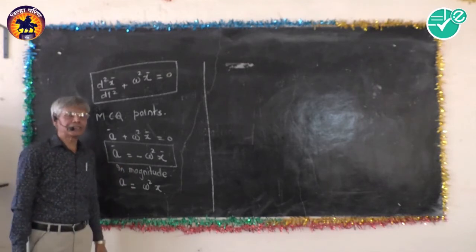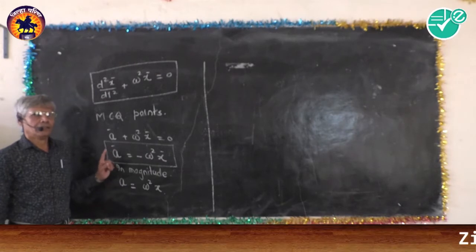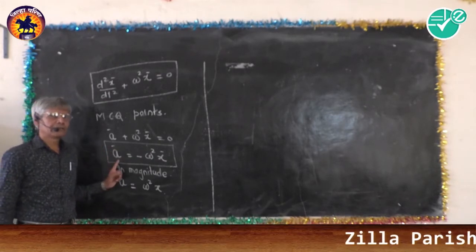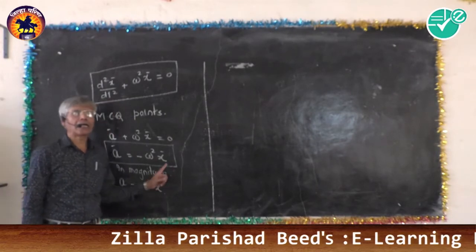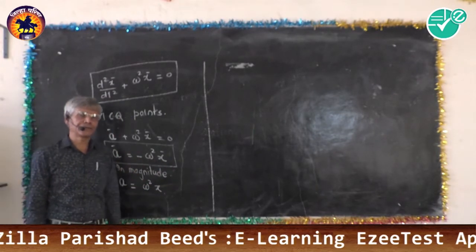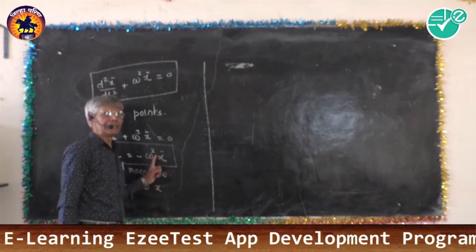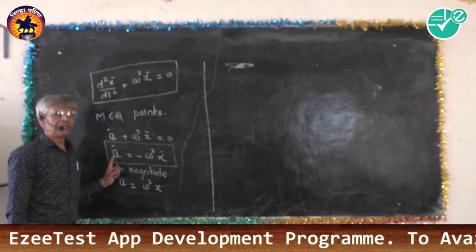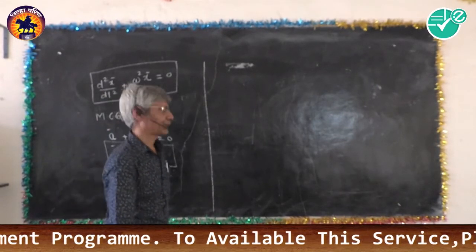The negative sign in this equation indicates that the linear acceleration and its linear displacement from the mean position are always oppositely directed. As the linear displacement is always measured away from the mean position, the linear acceleration will always be directed towards the mean position.